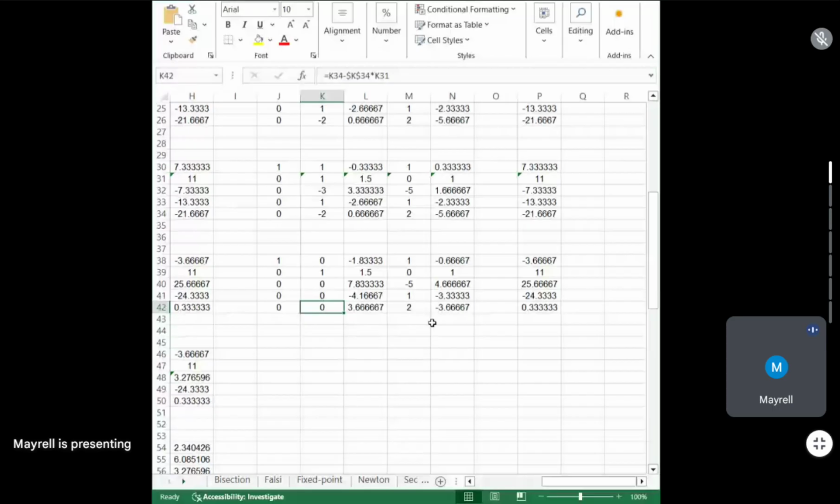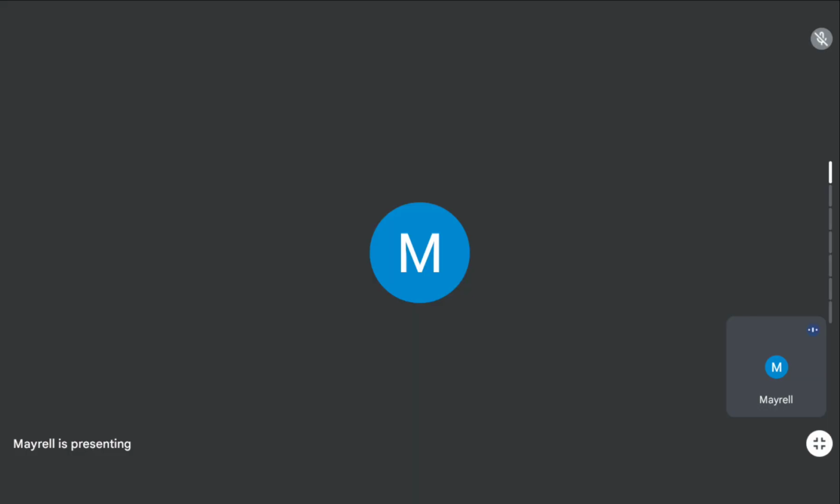So the other rows, you can just copy them: the first, second, fourth and fifth row. Yes, na i-copy. Also the first and second column since na-eliminate na sila.